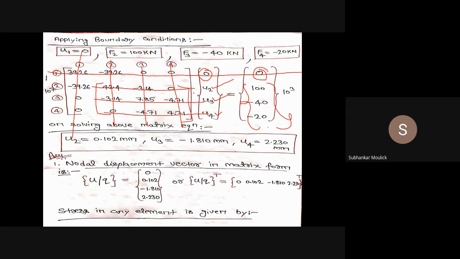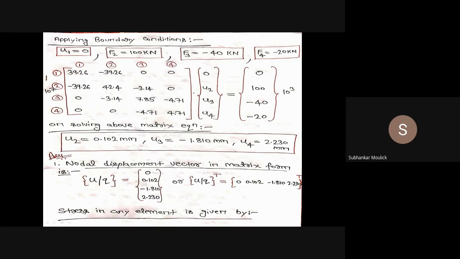Fine. So you are having three equations. If you multiply this row with this column, it will be equal to 100 into 10 to the power 3. You will get one equation in terms of u2, u3 and u4.